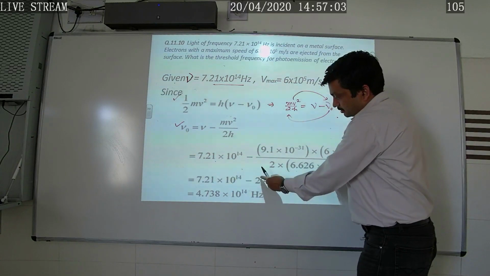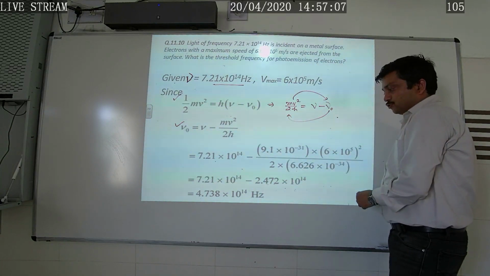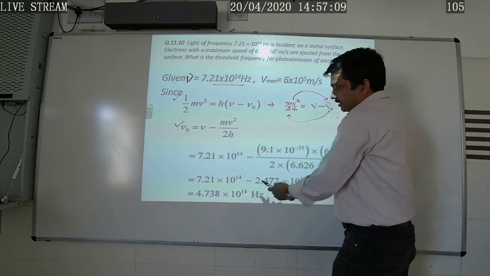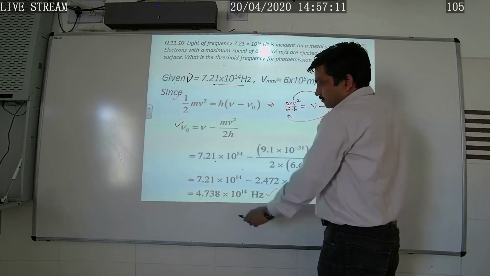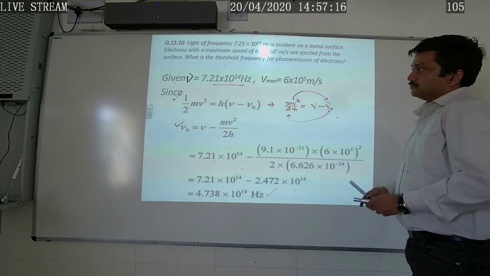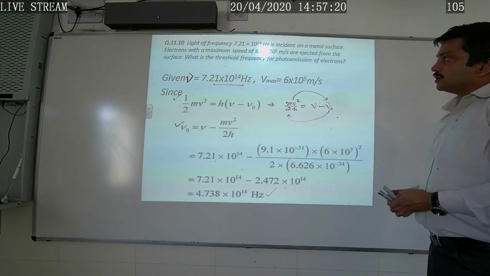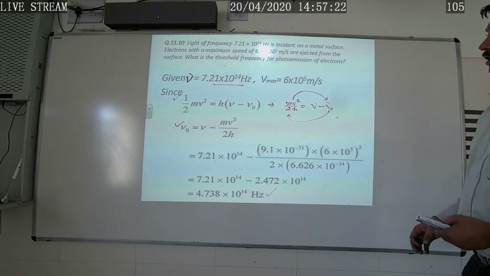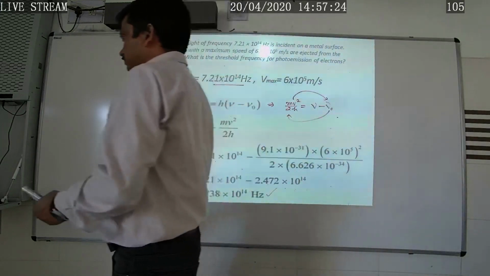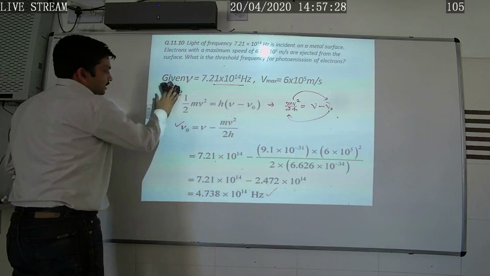So the calculated value is 2.472 into 10 to the power 14, and the required answer after calculating is 4.738 into 10 to the power 14 Hertz. So in this way we will solve this question. Now let's move to the next part. Question number 11.